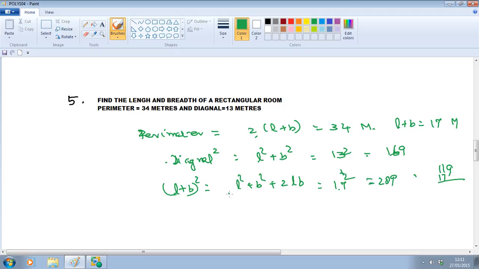Now we know this L square plus B square value is 169. So 169 plus 2LB is equal to 289.